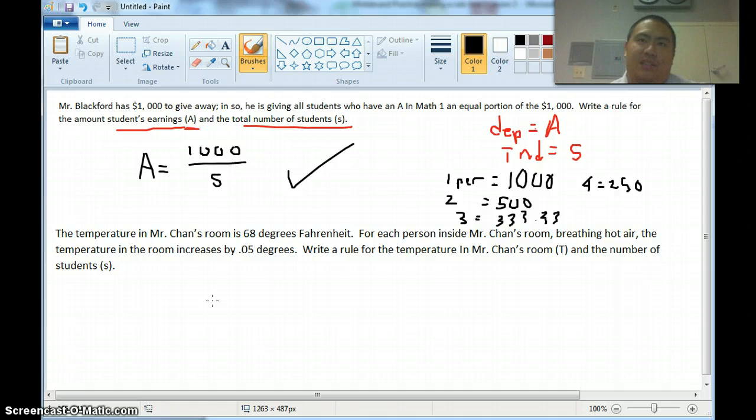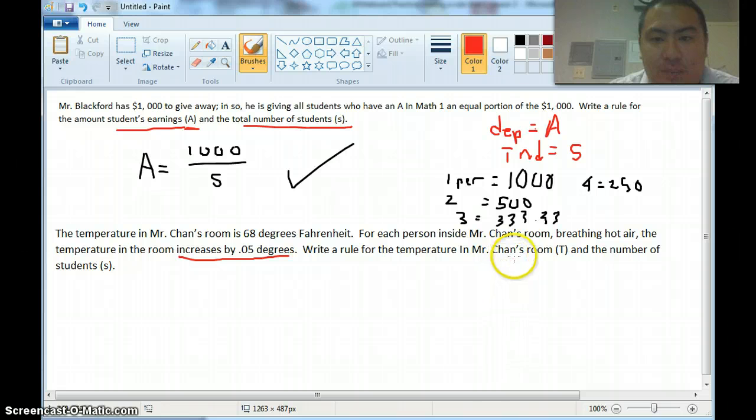Now here's one that's near and dear to you guys, because it's something that you seem to hate about my room, which is how cold it is. So the temperature in Mr. Chan's room is 68 degrees Fahrenheit, okay? For each person inside Mr. Chan's room breathing hot air, the temperature in my room increases by 0.5 degrees. Write a rule for the temperature in Mr. Chan's room and the number of students.